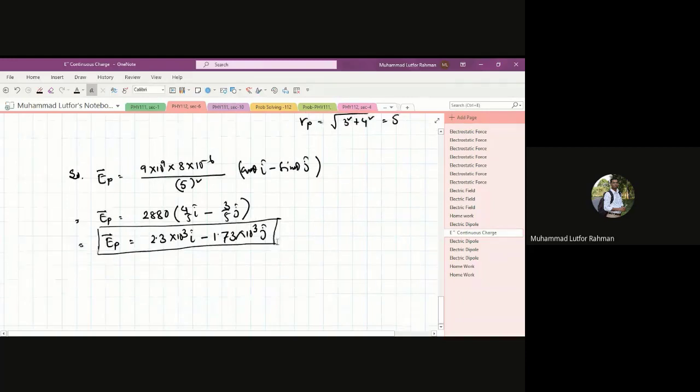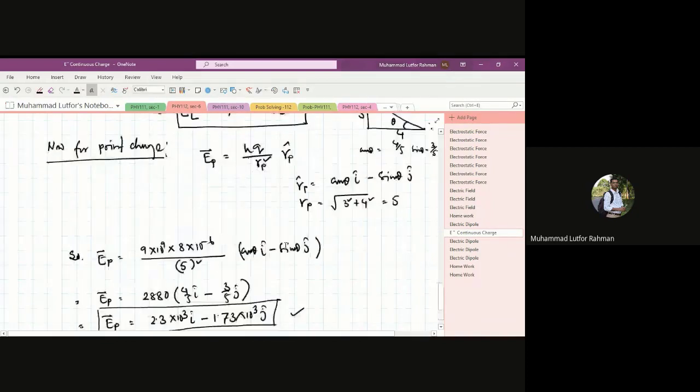So the sum of that actually. E net would be the electric field for the line charge plus the electric field by the point charge. So this is the electric field by the point charge, and we also found the electric field by the line charge.